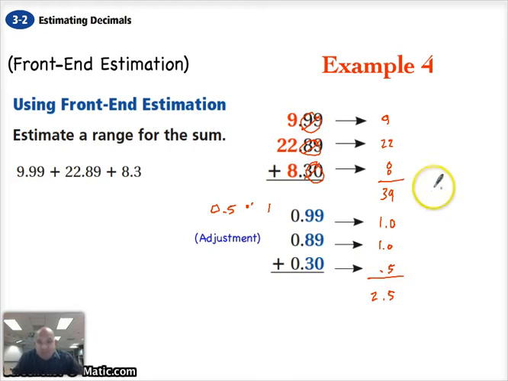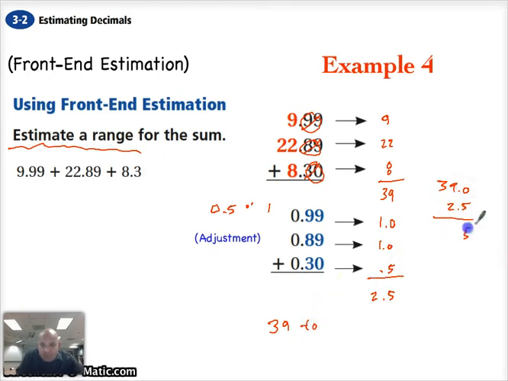What does this tell us? Well, this tells us that our estimated range of this sum is somewhere between 39, which we know is on the short end of the range, and 39 plus 2 5/10ths. We're looking for the upper end of the range.